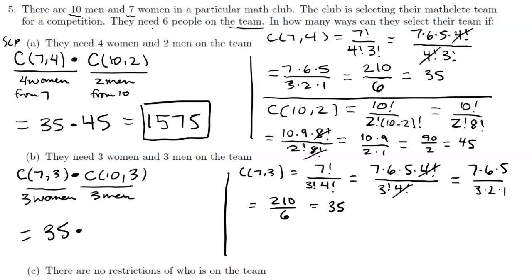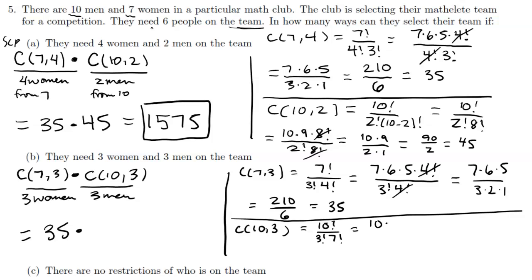Now 10 choose 3, so we're going to have 10 factorial over 3 factorial, and then 10 minus 3 is 7 factorial. So that means I've got 10 times 9 times 8 times 7 factorial, and then I've got 3 factorial, 7 factorial.